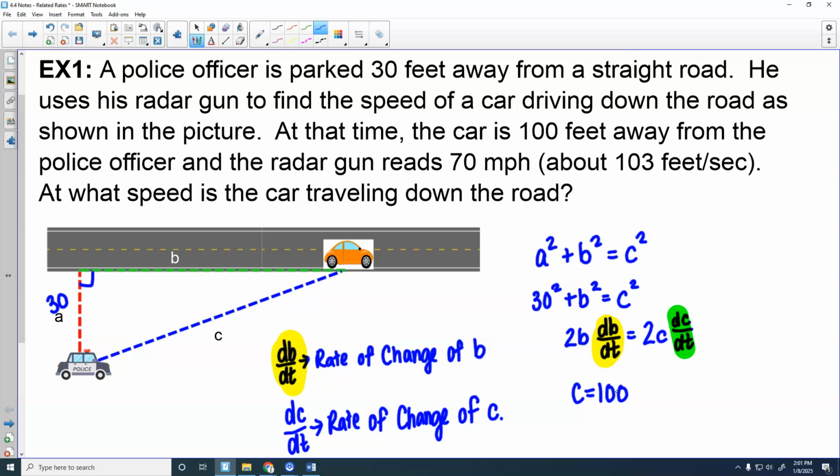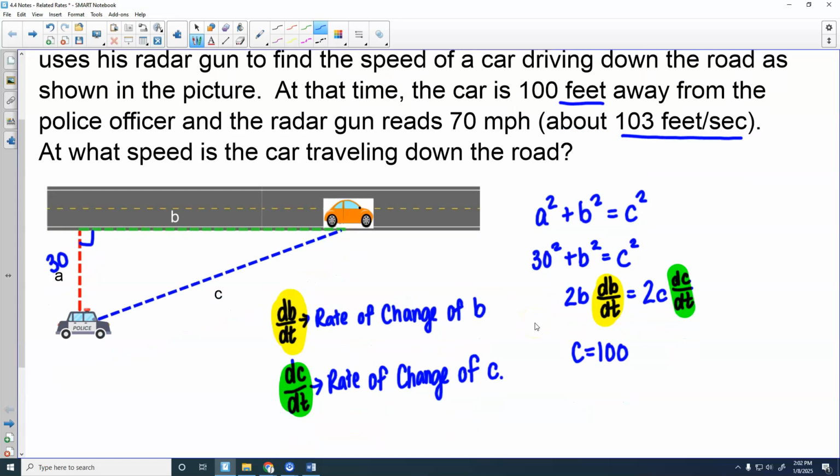And the radar gun reads 70 miles per hour, but because 100 is in feet, we really want to use 103 for our feet per second. What would that be? It is dC/dt. It is the rate of change of C, because this radar gun is reading the speed that distance is changing between the police officer and the car.